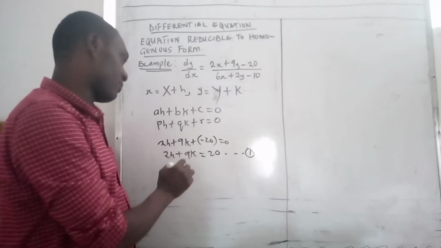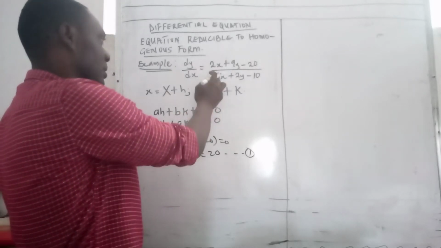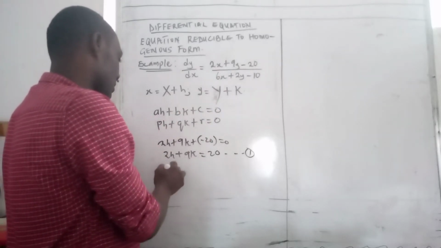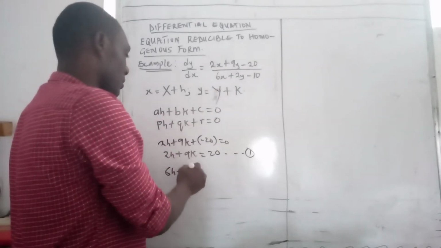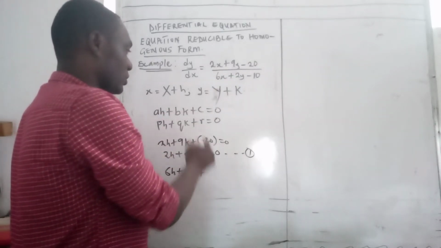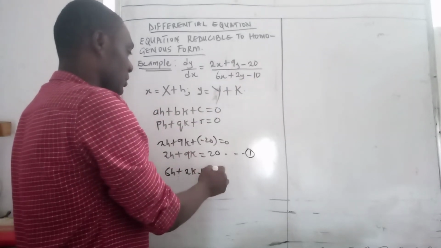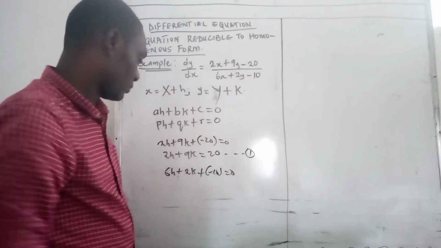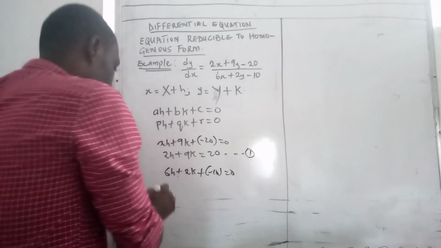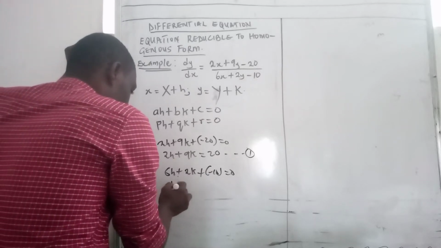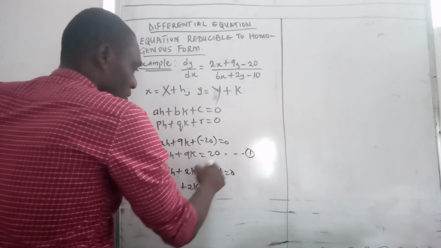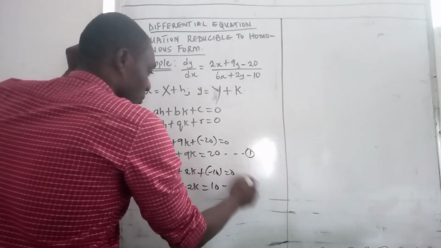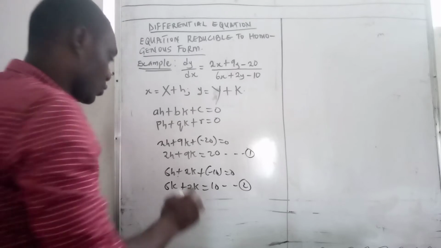Then for this, I have 6h plus 2k plus my r is minus 10 equals 0. So I'm going to have 6h plus 2k equals 10, equation 2. So I'm going to solve equations 1 and 2 simultaneously.